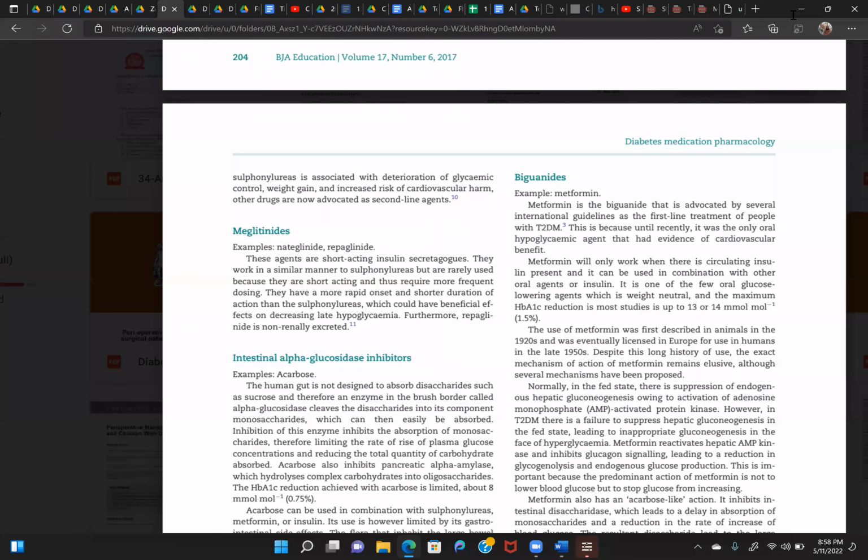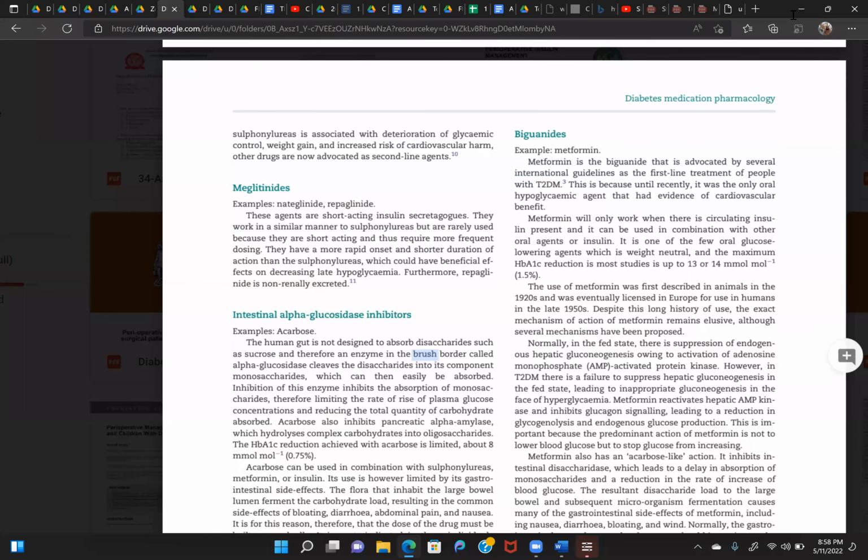Then another group, sitagliptin. The basic idea is that you try to memorize the names and fit them with either sulfonylureas or biguanides, then you will not miss it.